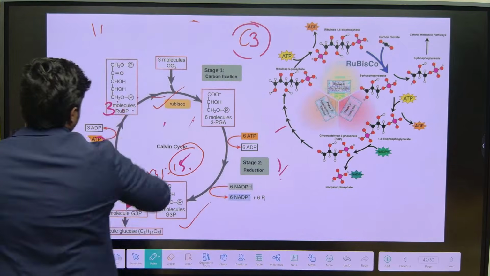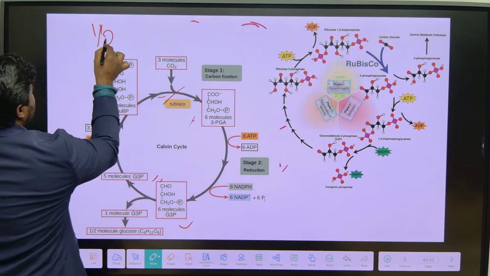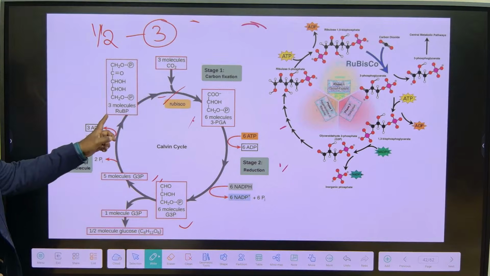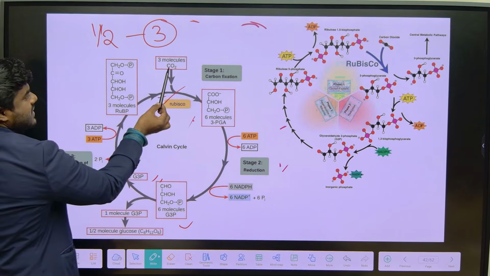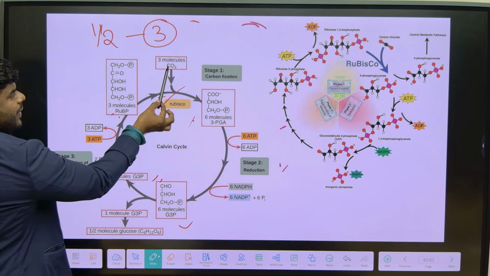So let me quickly summarize. In order to produce half glucose, the cycle has to turn 3 times. Every time, one carbon is accepted by RuBP. So one time 1 RuBP accepts 1 carbon.